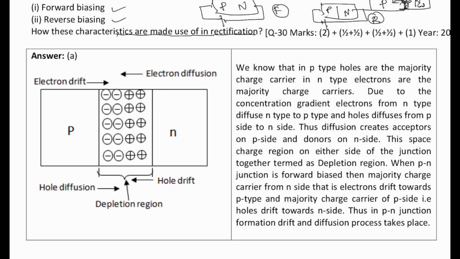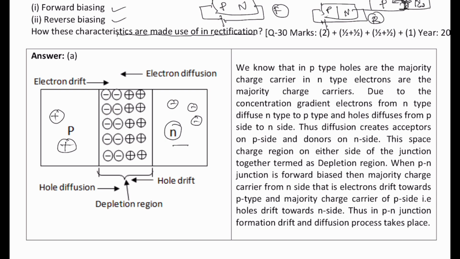Now, this is P type, this is N type. The majority charge carriers of N type are electrons, that we know, because it is doped by a pentavalent element like phosphorus. P type carries the positive charge carrier, that is the holes, as the majority charge carriers, because it is doped with a trivalent element like aluminium.